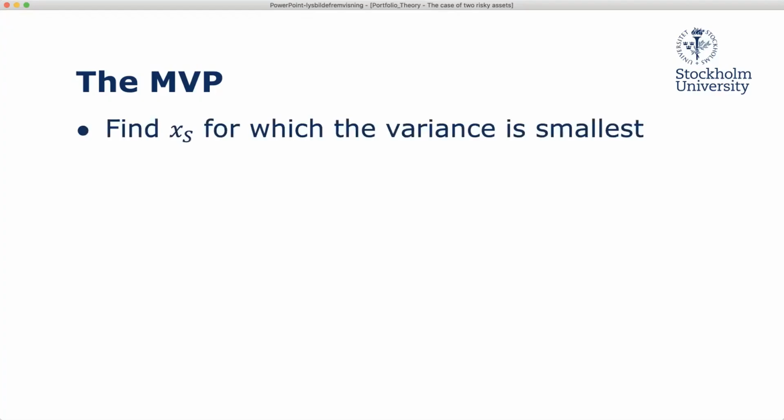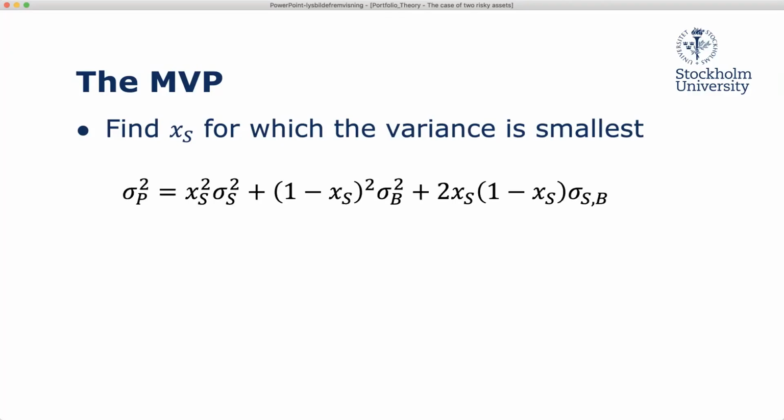Hence, we need to find the weight on spin, that is the value xs, which minimizes the expression of the variance. If you recall your high school mathematics, that is done by computing the first derivative of this function of xs and setting it equal to 0.